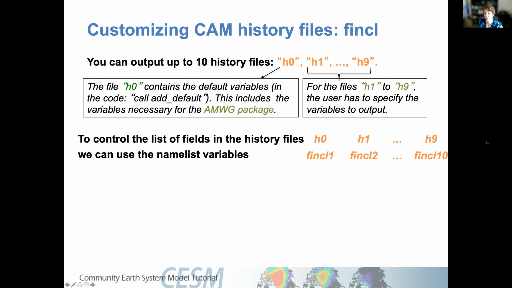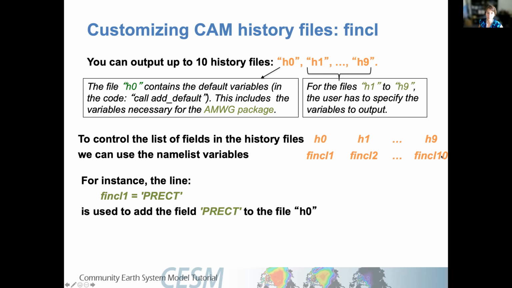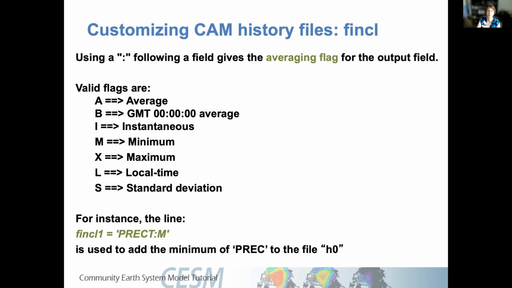One is the C notation, and the other is the Fortran notation. For example, if I put the line fincl1 equal prect in my namelist, this is the total precipitation, it's going to add the field prect to the file H0.